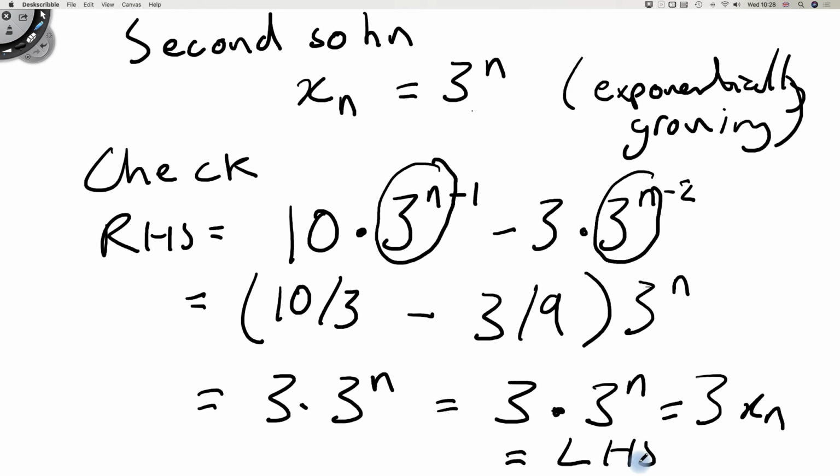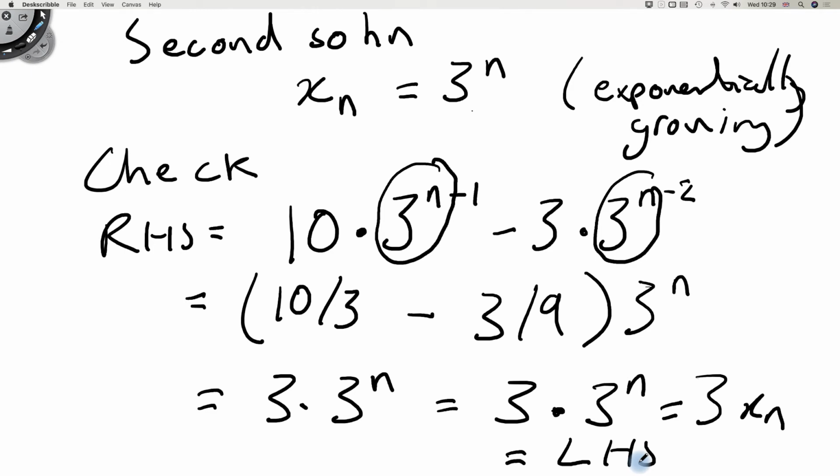So we've got these two possible solutions to the equation. We have a decaying one and a growing one, and that's why we picked what initially seemed maybe quite a random recursion relation. Well, it's not random, it's because it has these two solutions. It has a growing one and a decaying one.